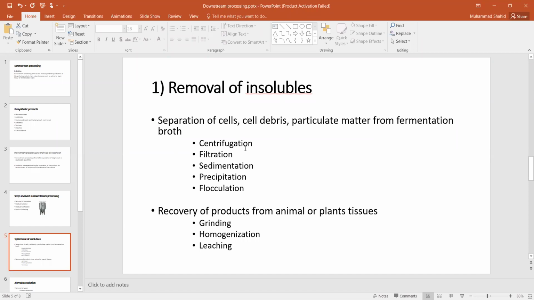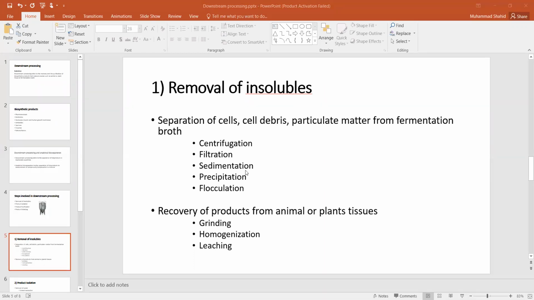Some techniques that could be used in the removal of insolubles from the fermentation broth are centrifugation. It means we can centrifuge and separate the supernatant from these cell debris. We can also filter. We could use filters in order to separate out this debris and pass through the liquid carrying our desired bioproducts.